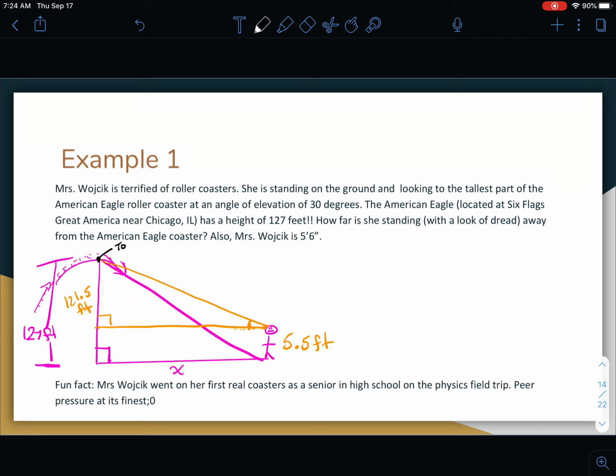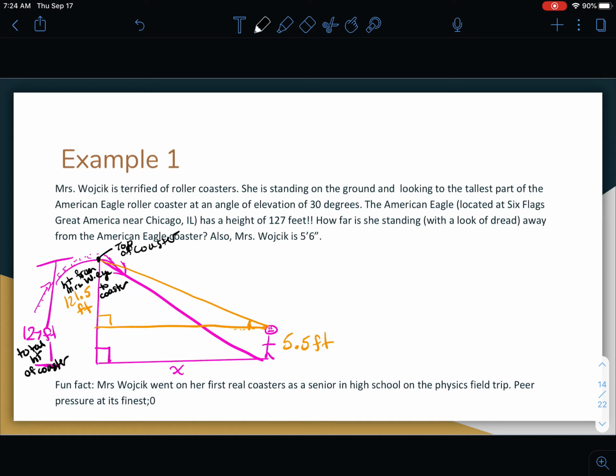I'm going to say that this is the top of coaster. I'm going to say this is total height of coaster. And this is the height from Mrs. W's eye to coaster.